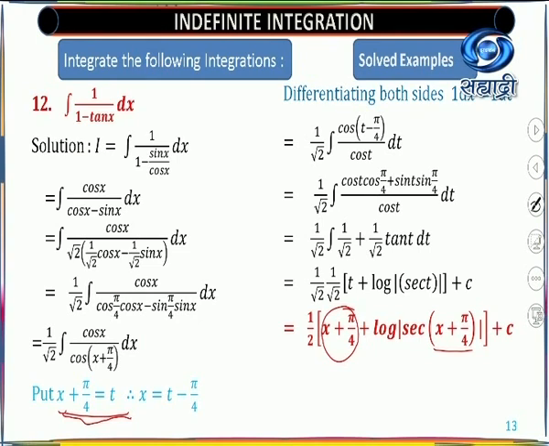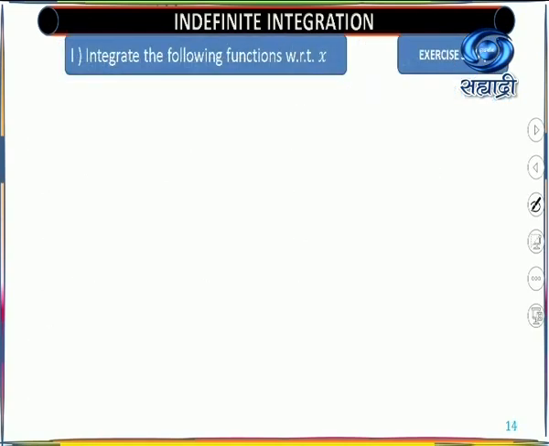This way we have completed different types of examples. Now we have discussed the formulas. Which formula? Integration of tan x dx, which is nothing but log of mod of sec x plus constant of integration.